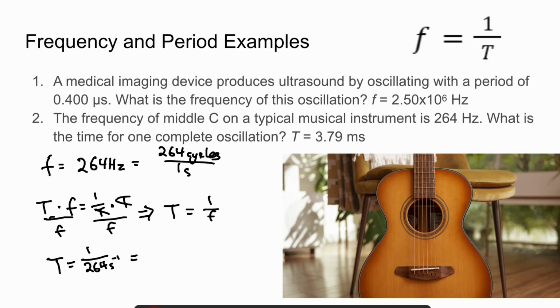So 1 divided by 264 will give us 0.00379. And since inverse seconds was in the denominator, I'll bring seconds up to the top, or we call that 3.79 milliseconds. That will be the period, the amount of time it takes for the string on a typical instrument to vibrate 1 time at the frequency of middle C.